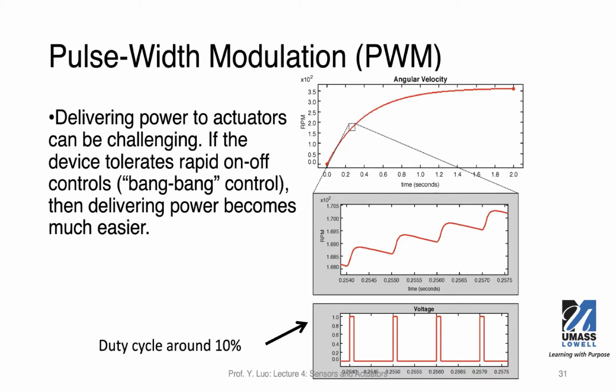But if you want to dim the LED and control the intensity of the LED continuously, that's a different story, and that's not easy to do without pulse width modulation. Pulse width modulation is a method to effectively deliver power and change the power delivery as you desire, more like continuously.